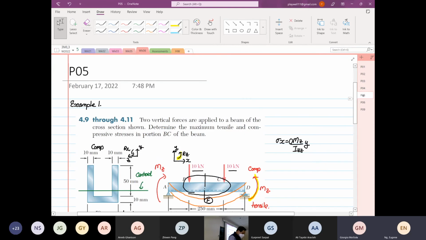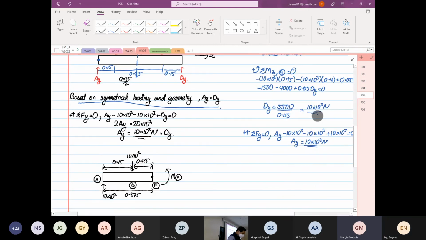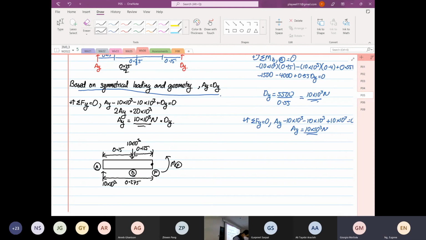So coming back to here, we're going to find a moment, so we are going to carry out a static analysis. I mentioned the moment in the z direction at point F, everything is equal to 0. The 10 times 10 to the power 3 is going clockwise.